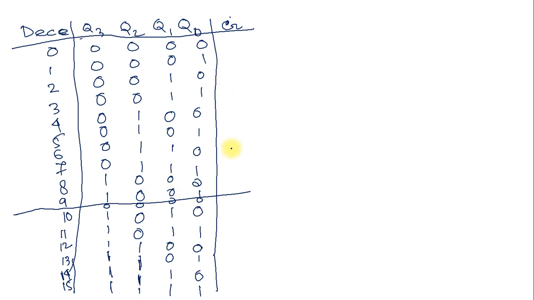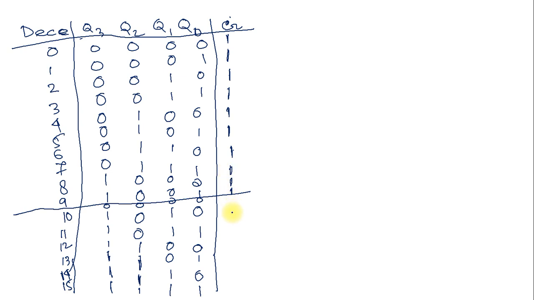Up to 9, if we make the clear input 1, the flip flop works as a normal flip flop, so the counter works as a normal counter. It starts counting from 0 and up to 9 it counts without any prevention. So up to 9 it is 0, 1, 2, 3, 4, 5, 6, 7, 8, 9, 10.